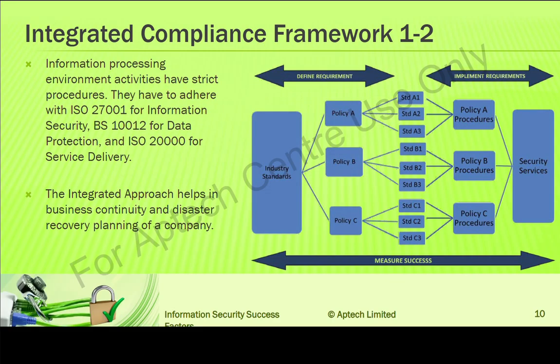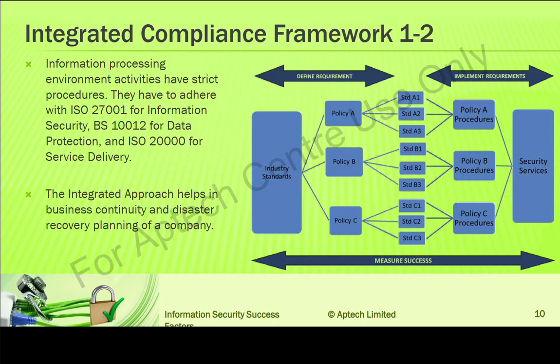Now, let's talk about the integrated compliance framework. This is the integrated compliance framework map. Information processing environment activities have strict procedures. They have to adhere to ISO 27001 for information security, BS 10012 for data protection, and ISO 20000 for service delivery.